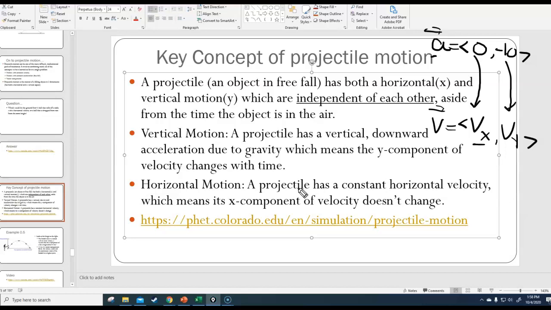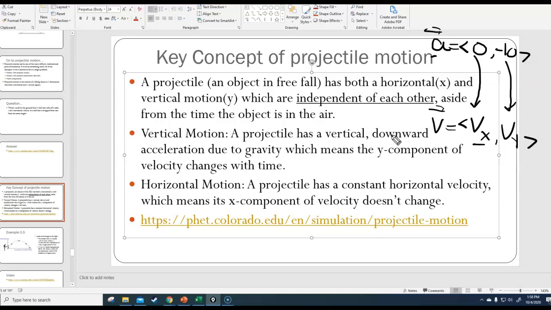Okay, and that is the key concept of projectile motion. You have these two separate things happening at the same time, the horizontal motion and the vertical motion. One of them is constant velocity, the other is constant acceleration. And the other way you can think of it is x stuff can only affect other x stuff, and y stuff can only affect other y stuff.